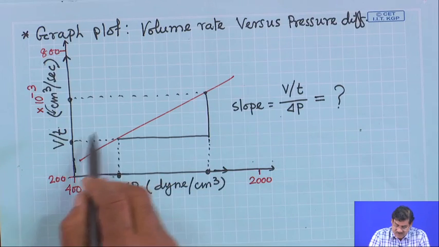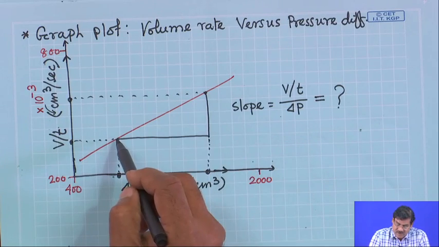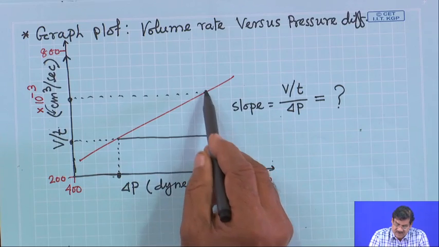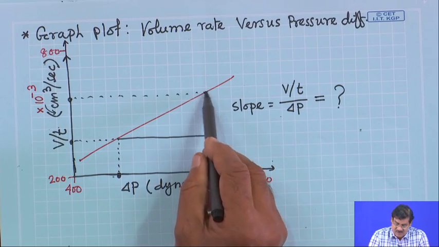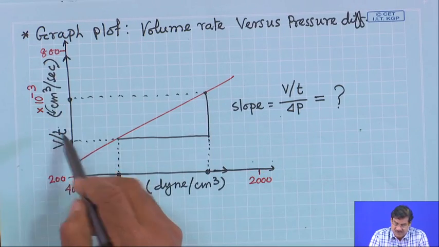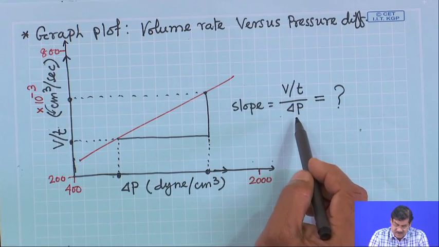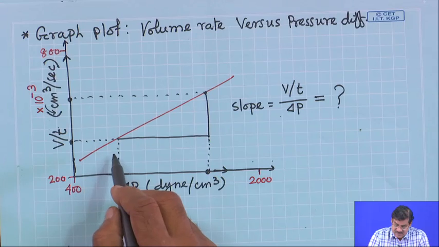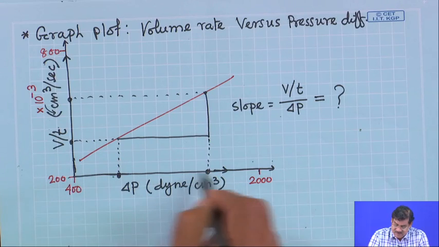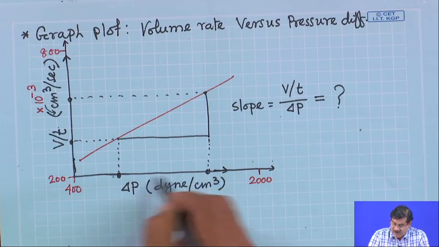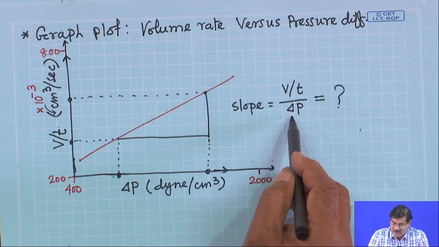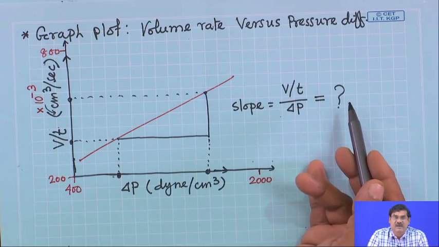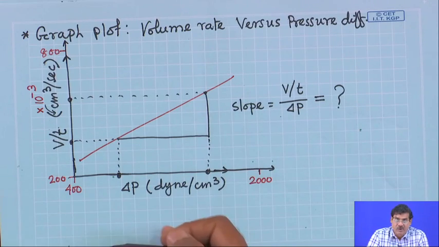You take these 2 points. The difference of these 2 values on the y axis is V by T, and these 2 points on the x axis give del phi. So one has to find the slope, and then from the slope.